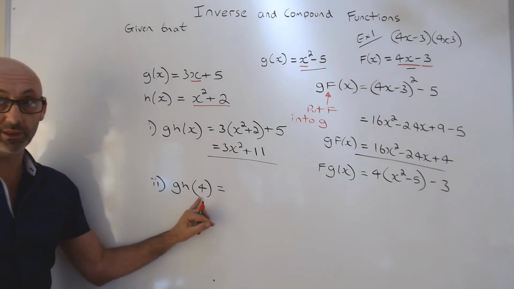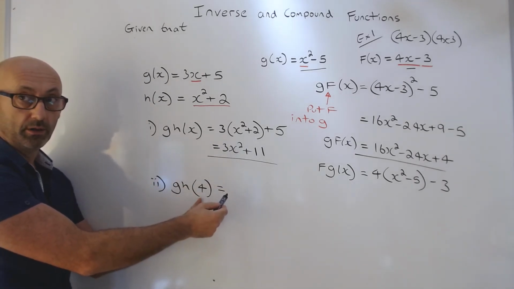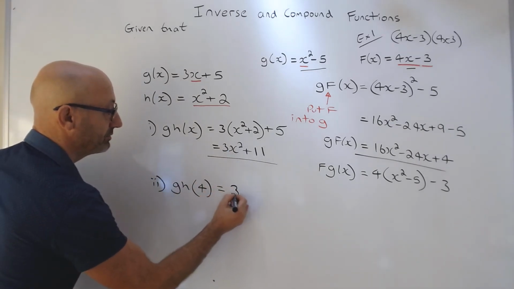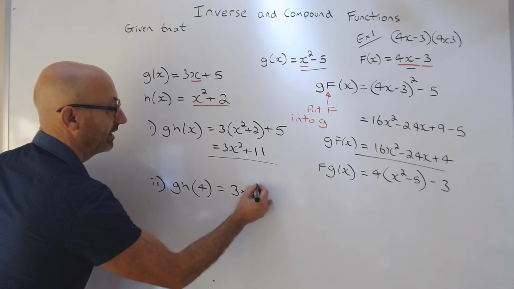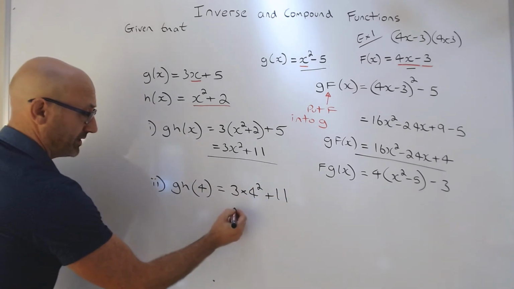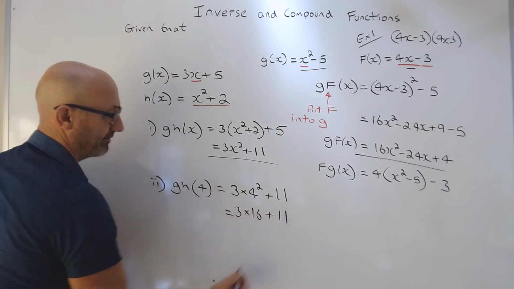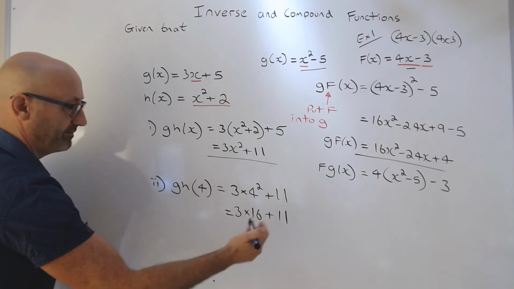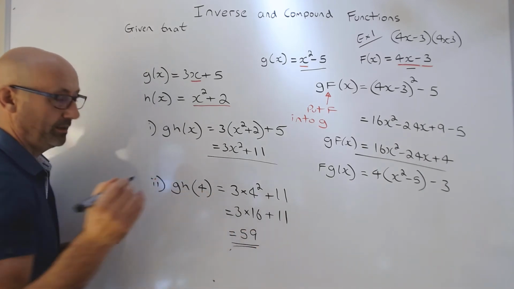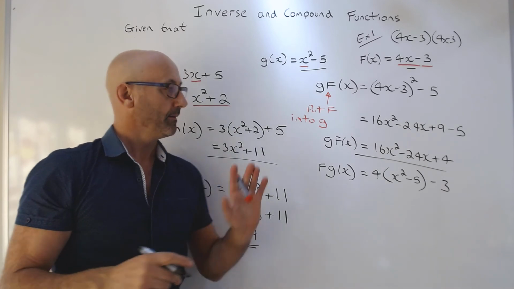What do you think you do with that 4 here? Would you replace x? You absolutely do. You're going to replace x with 4, which is going to give you 3 times 16 add 11, which is 59, isn't it? 59. I hope you got that at home. Well done if you did.